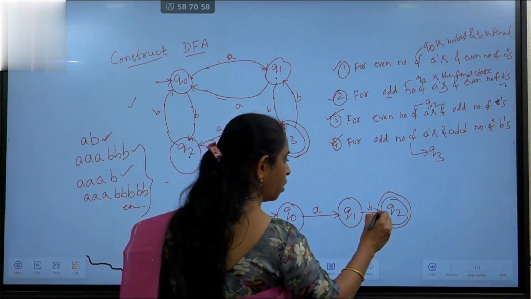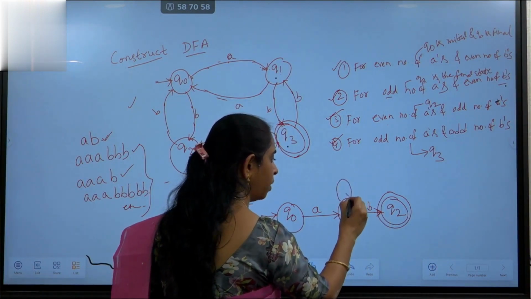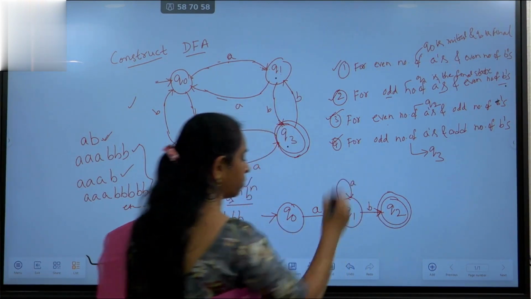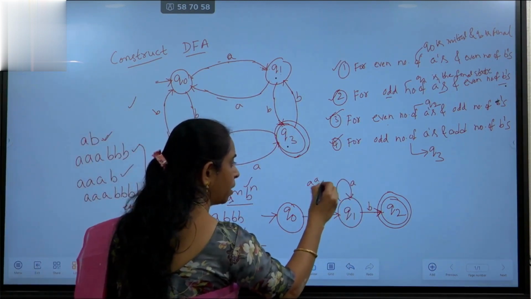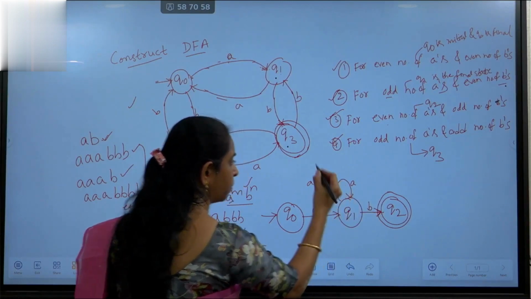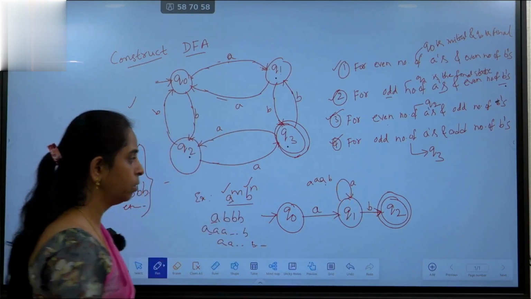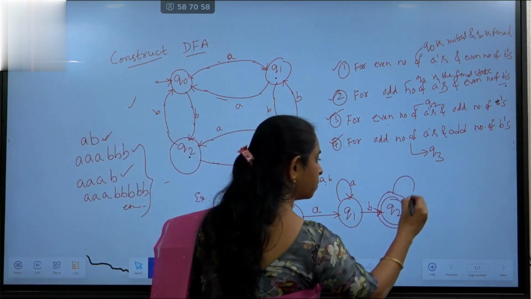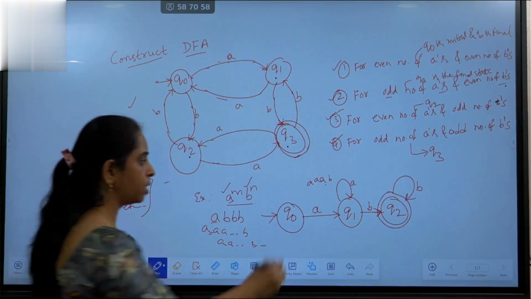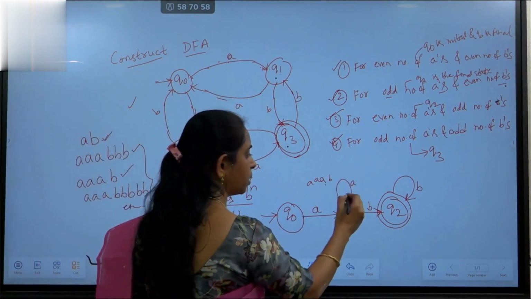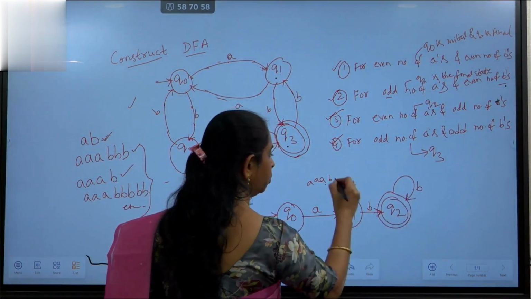B we have already transmitted from Q1, so again we should not transmit B because it is a DFA; we have to transmit A itself. So based on this we can write any number of A's and a single B. And again it satisfies many B's because of B power N, so we make it a self loop on B. Now it satisfies many A's because of the self loop, and many B's because B has the self loop on Q2.